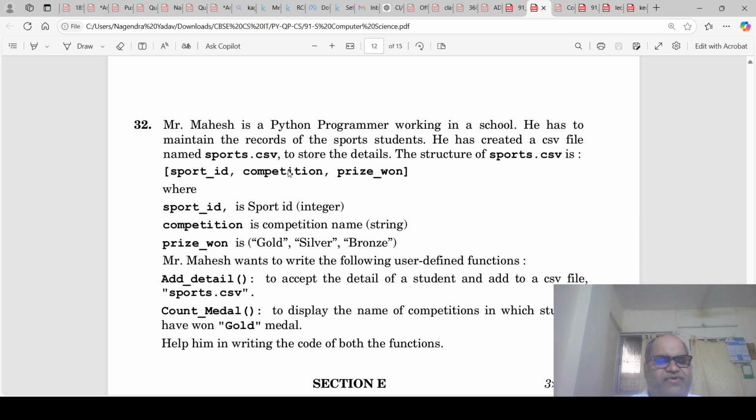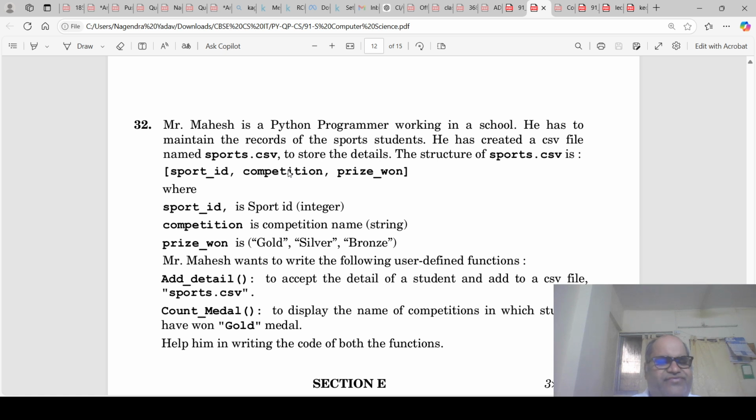This will be more like your ability to transform your data into this format and append it to the file. Count medal will be a UDF where you have to aggregate.